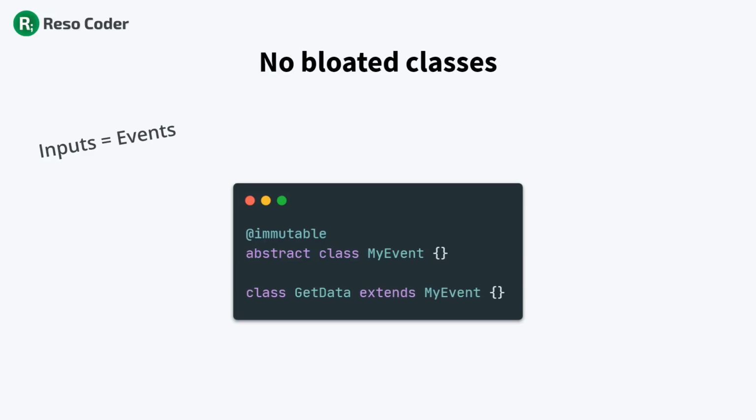Well, you've already seen how we can separate the states into individual classes, and we can do the same thing with events, which are the inputs. So here we have an event getData. It's a separate class for a Bloc. And in the case of ChangeNotifier, you would need to put this as a method to the ChangeNotifier class. And therefore it would get more bloated, you could say.